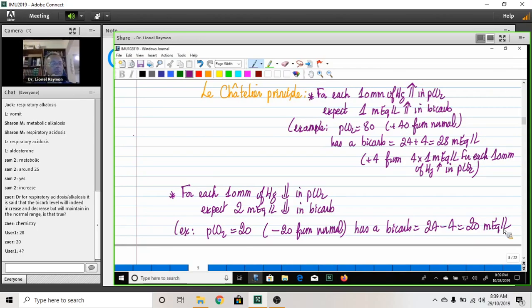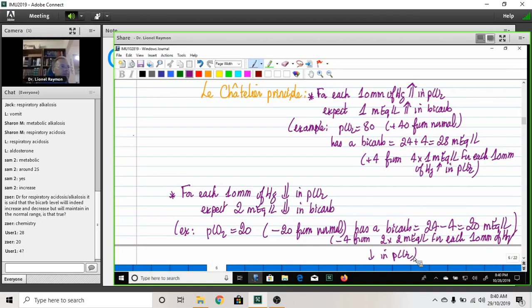Actually, in French, when PCO2 is 20, bicarb should be 20. And we decrease it by 4, which is minus 4 from 2 times 2 milliequivalent per liter for each 10 millimeters of mercury decrease in PCO2.